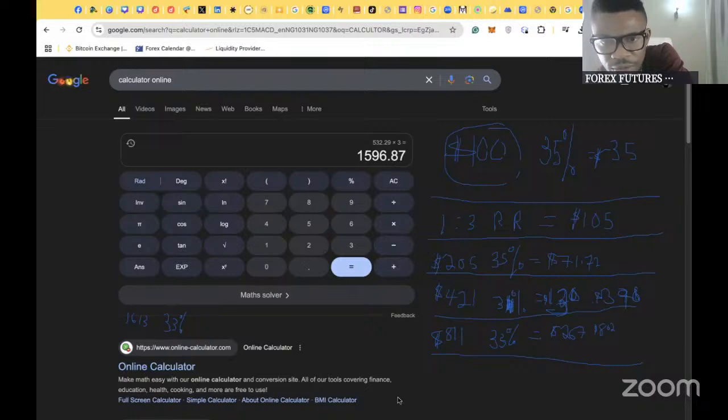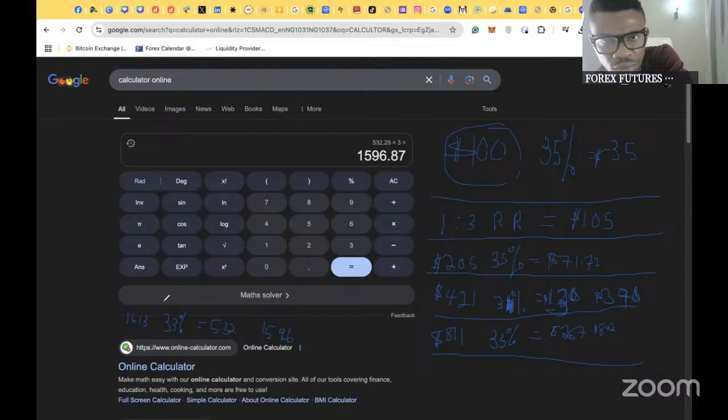So the correct number is, the risk is 532. That's what we are risking. Then the reward is 1,596, 1:3.